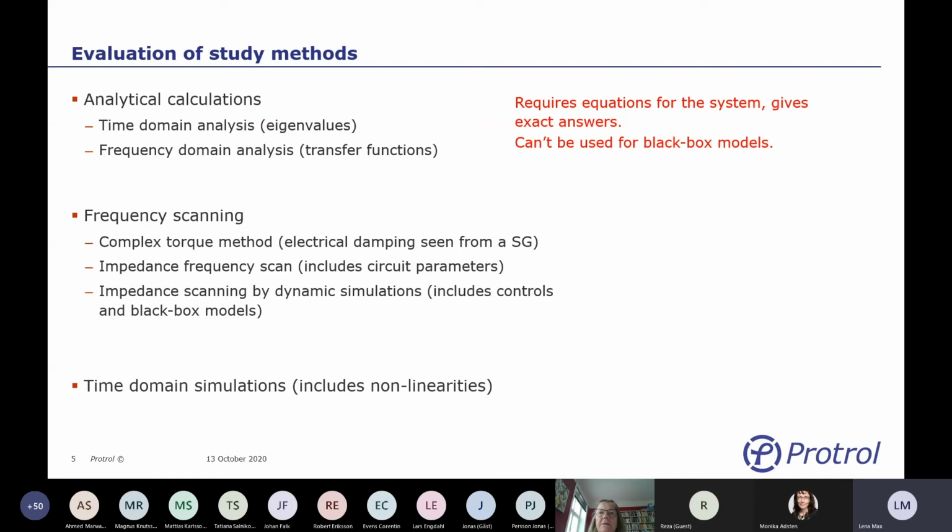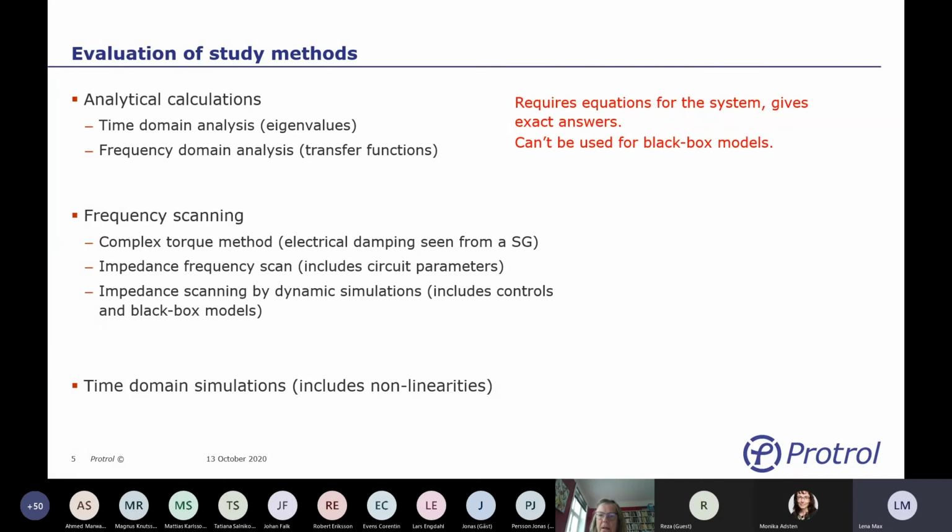Another way is to perform a frequency scan, which is basically to see the performance of the system at the different subsynchronous frequencies. It can be done to obtain the electrical damping, which is done in the complex torque method, where the electrical damping of the system seen from a large synchronous generator can be evaluated.